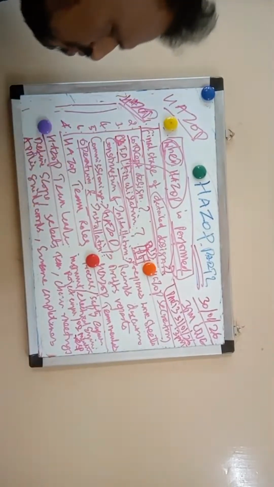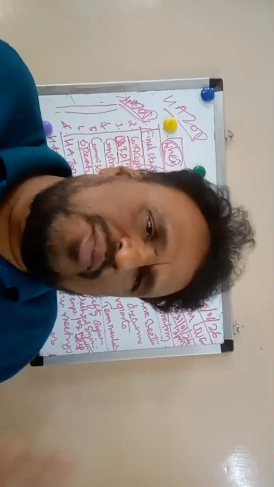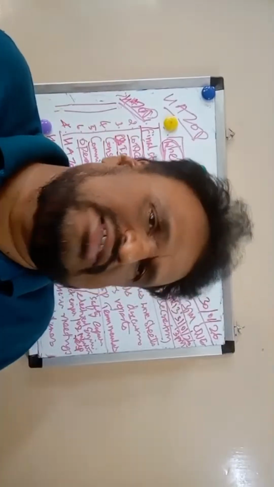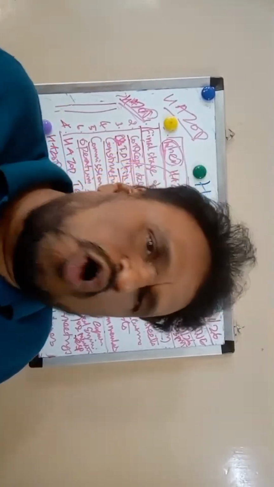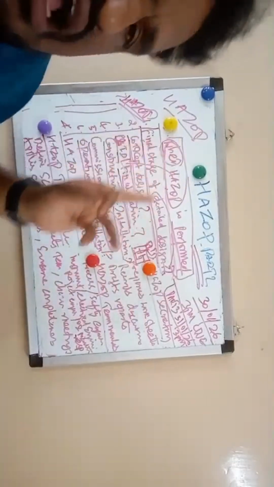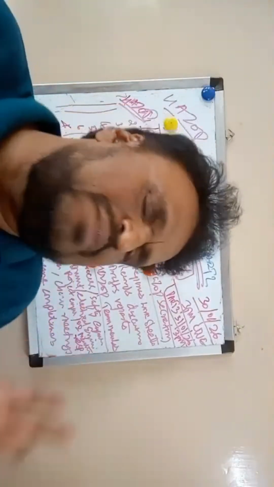Okay, so this one we already saw: number one, what is HAZOP and the objectives of HAZOP, in part 1. Now what we are seeing is when HAZOP is performed and the HAZOP team roles.